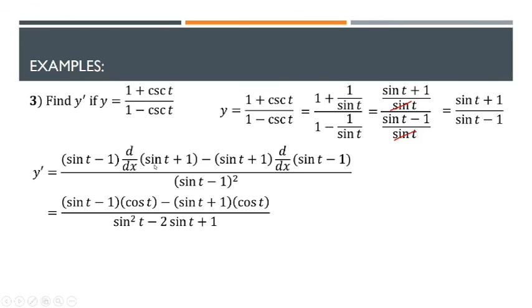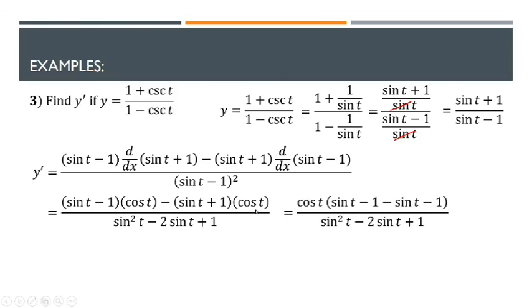So we have derivative of 1 is 0, and derivative of sine t is cosine t. Same here, derivative of sine t is cosine t. So we have sine t minus 1 times cosine t minus sine t plus 1 times cosine t. And the denominator would be sine squared t minus 2 sine t plus 1.